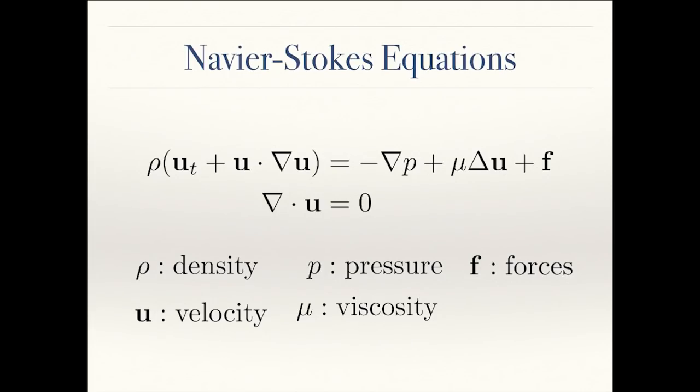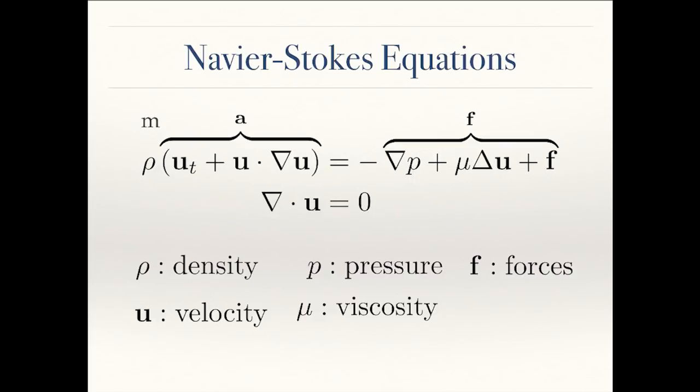So in graphics, the equations that we're usually using to describe a fluid, because many of the fluids we're interested in are the incompressible fluids, are the incompressible Navier-Stokes equations. So this looks a lot more complicated than F equals ma, but really it has a similar structure to F equals ma.